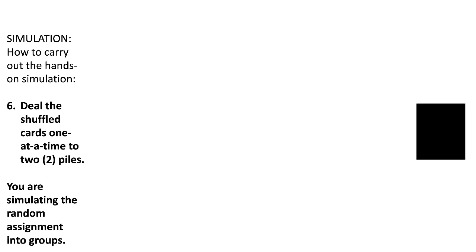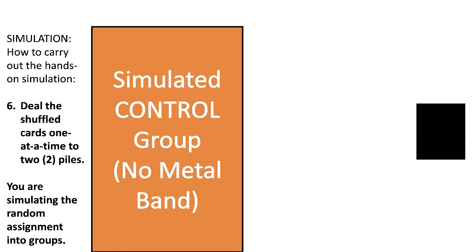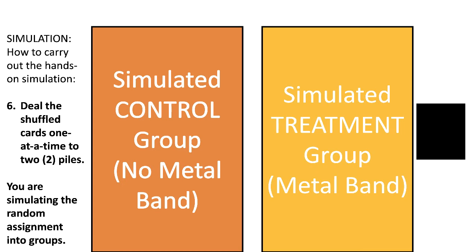Now we're going to shuffle the cards, and then we're going to deal the cards out one at a time into two piles. When you deal them into two piles, you are simulating the random assignment into two groups. So we're going to deal these cards into the simulated control group. This would be the group with no metal band. And then the simulated treatment group.